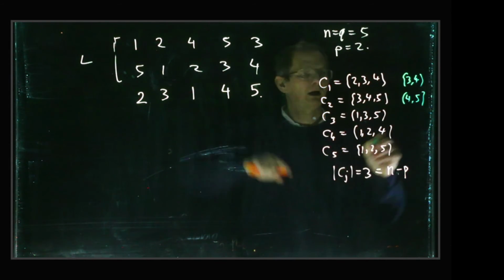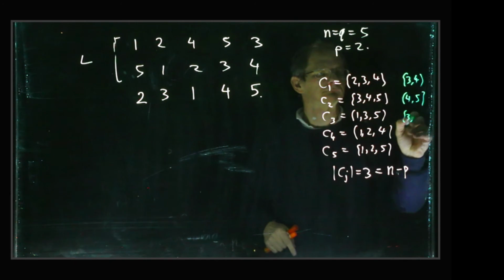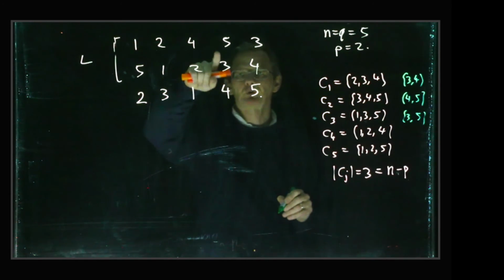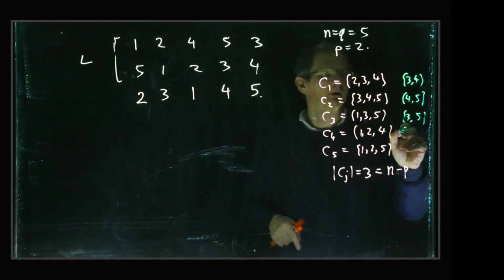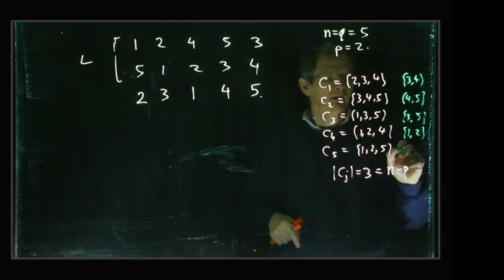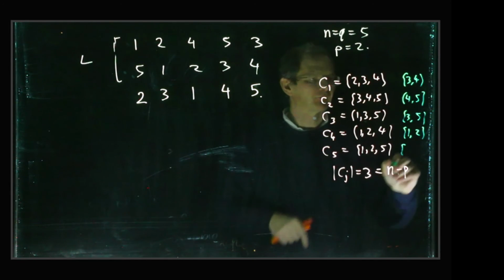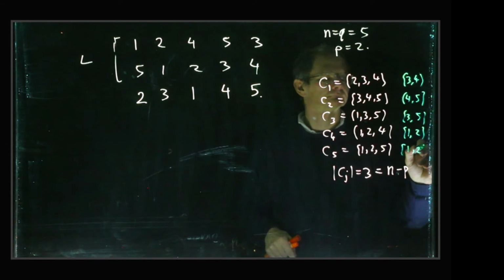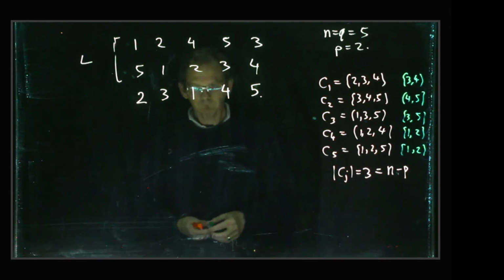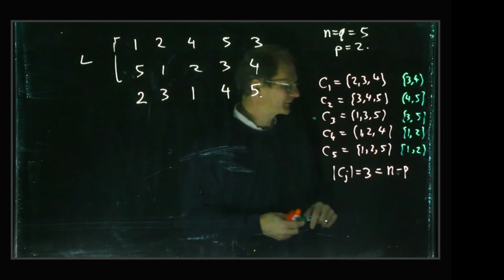We've used the 1, so we've just got 3, 5. We've used the 4, so we've just got 1, 2. And here we used the 5, so we've just got 1, 2 again. Now let's try to fill in the next row.